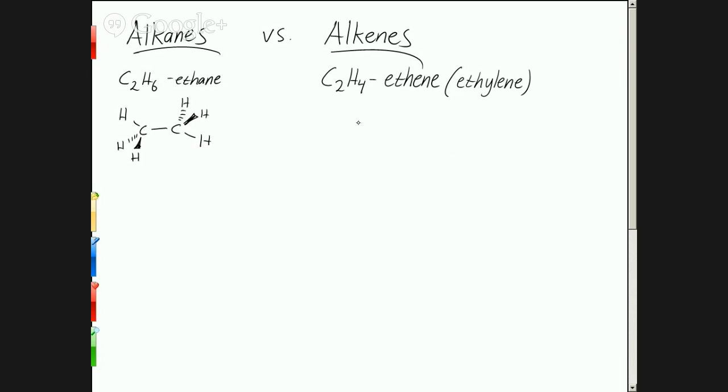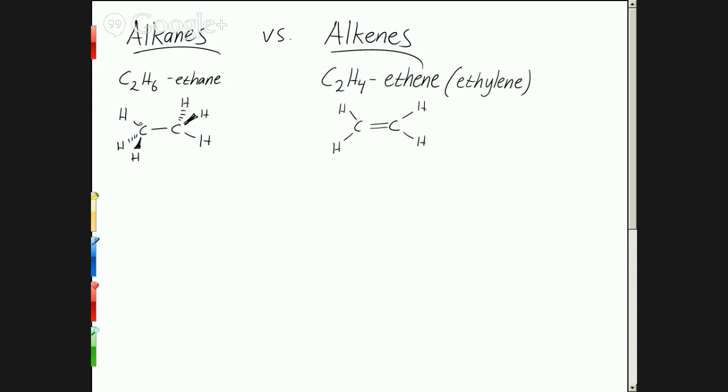And it is flat, so we don't have to use the dash and wedge notation for that. We draw a double bond, two shared pairs of electrons. And there's our alkene, our double bond.